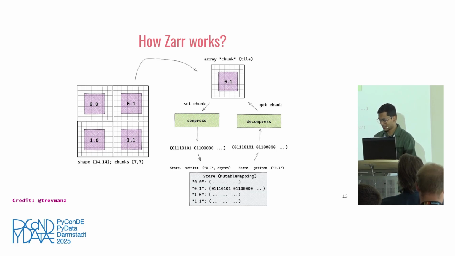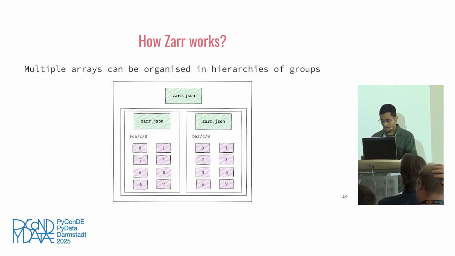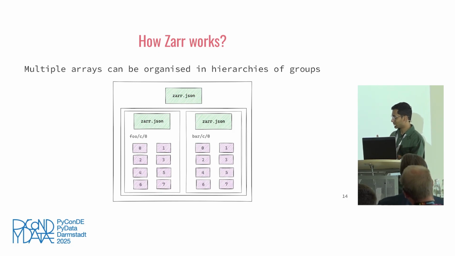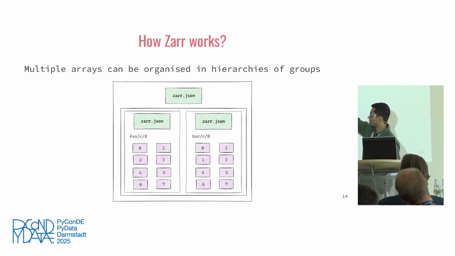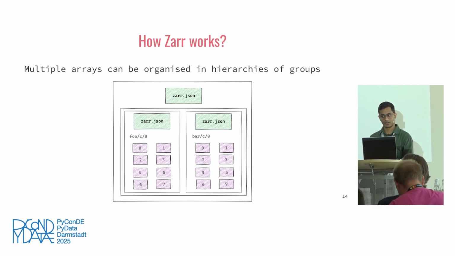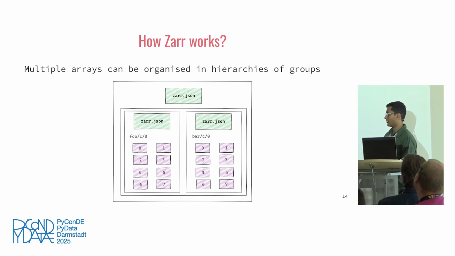These graphics were donated by Trevor Mann, so thank you, Trevor. You can store arrays in multiple hierarchies, like a tree structure, which is essentially known as a Zarr group. And this is how the structure looks. The zarr.json is the metadata of the array, which contains the shape of the data set, its size, custom attributes that you can assign, and all the other things essential for the metadata.